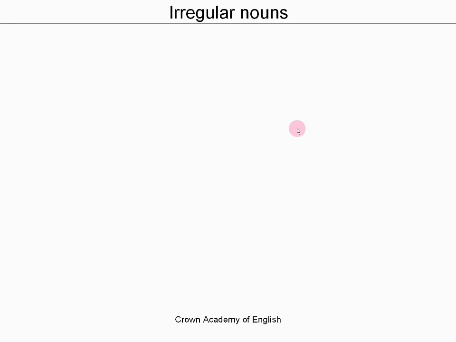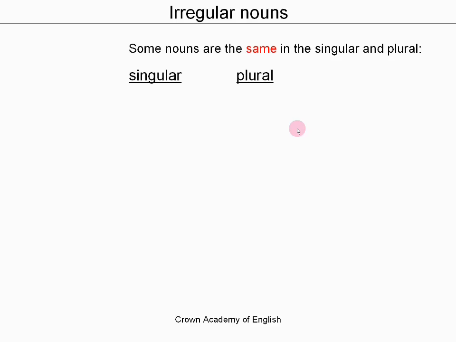And finally, there are some nouns in English which are exactly the same in the singular and the plural. Okay, it's quite a unique situation, but there are a few. So aircraft, we can say one aircraft or three aircraft.